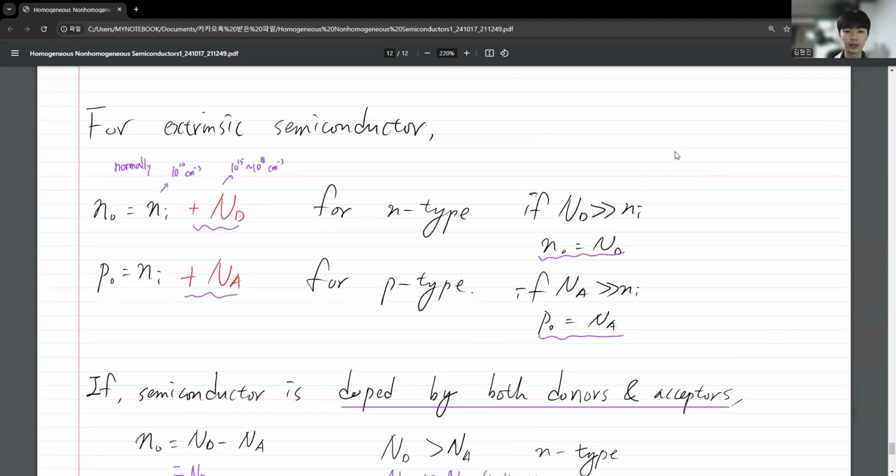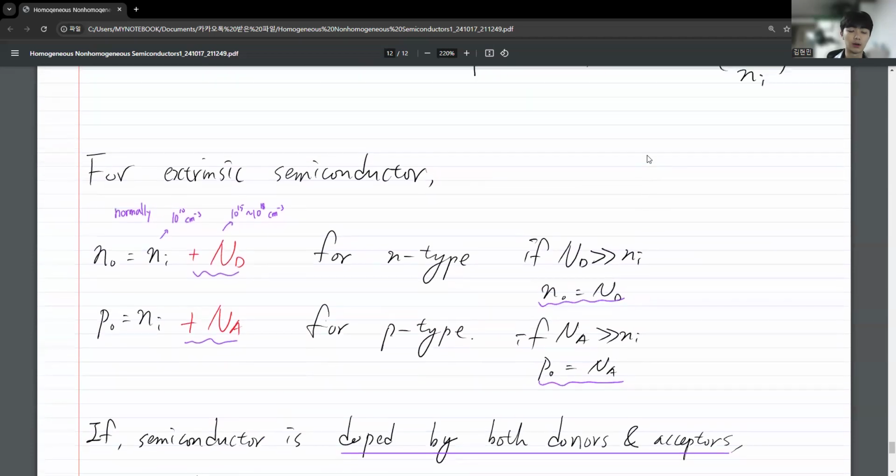An extrinsic semiconductor has doping. In an n-type semiconductor, n0 equals ni plus ND.